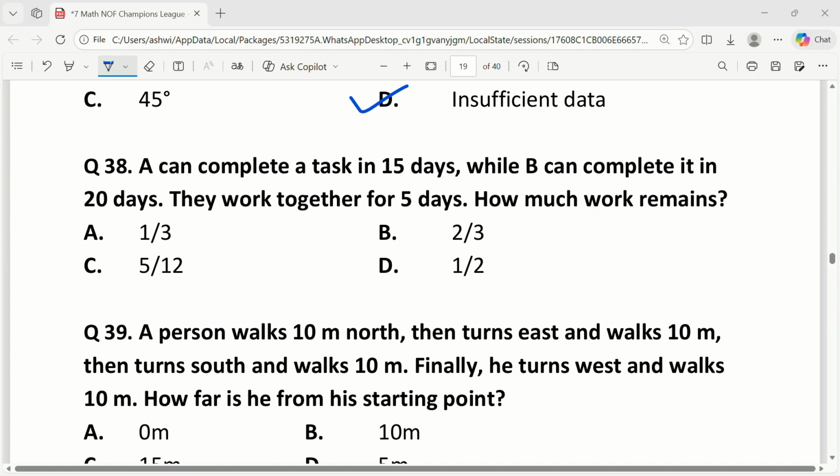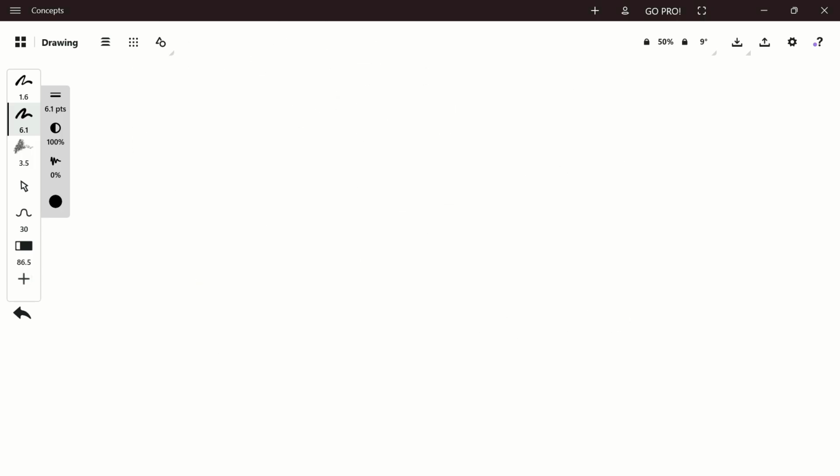Question 38. A can complete a task in 15 days while B can complete it in 20 days. They work together for 5 days. How much work remains? A completes the task in 15 days, so A's daily work rate is 1 by 15 of the task per day.